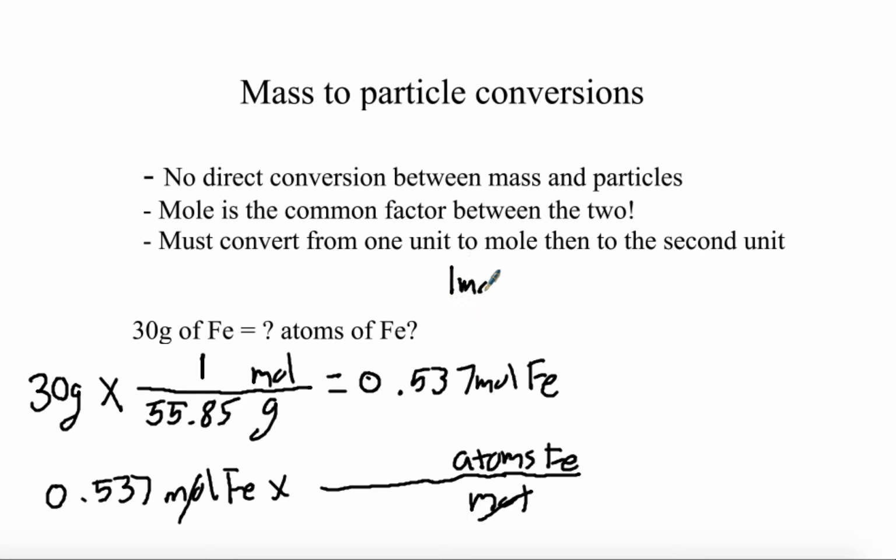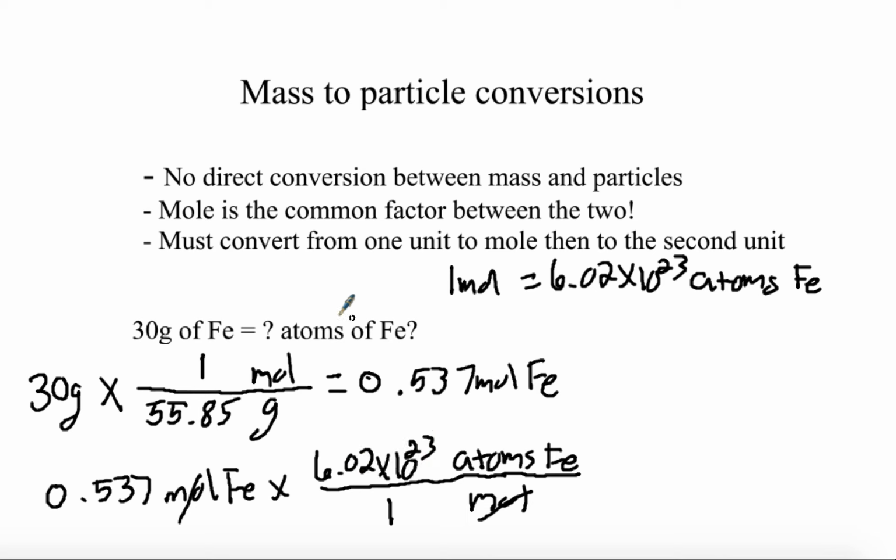Again, 1 mole is 6.02 times 10 to the 23 anything. In this case, it'll be atoms of iron. If I have 1 mole, that's 6.02 times 10 to the 23 atoms. So 0.537 moles times 6.02 times 10 to the 23 means that in 30 grams of iron, I have 0.537 moles, which is the equivalent of having 3.23 times 10 to the 23rd atoms of iron.